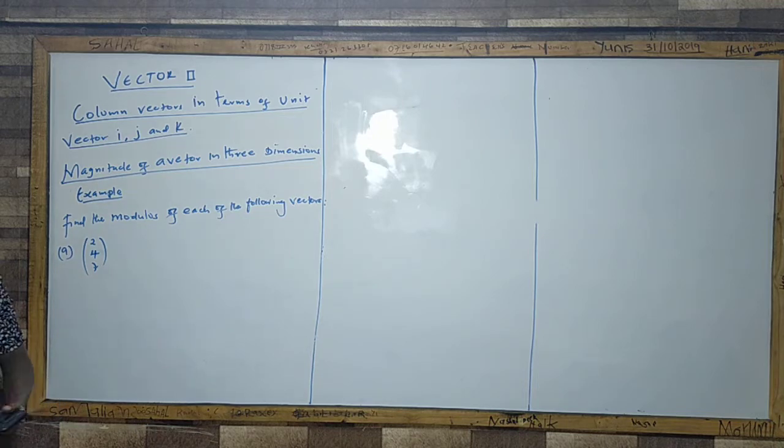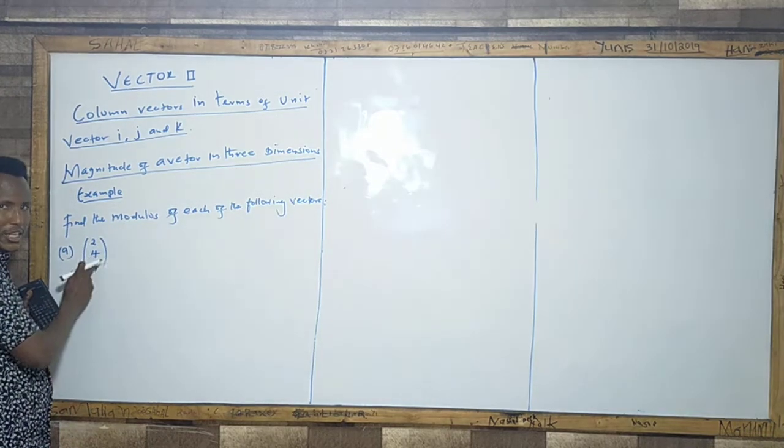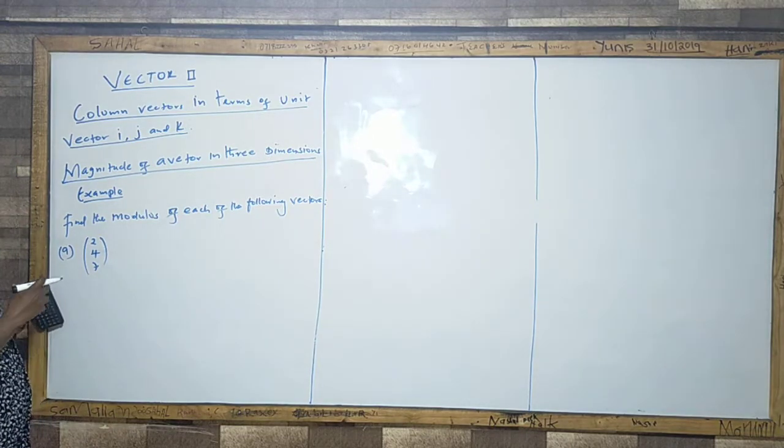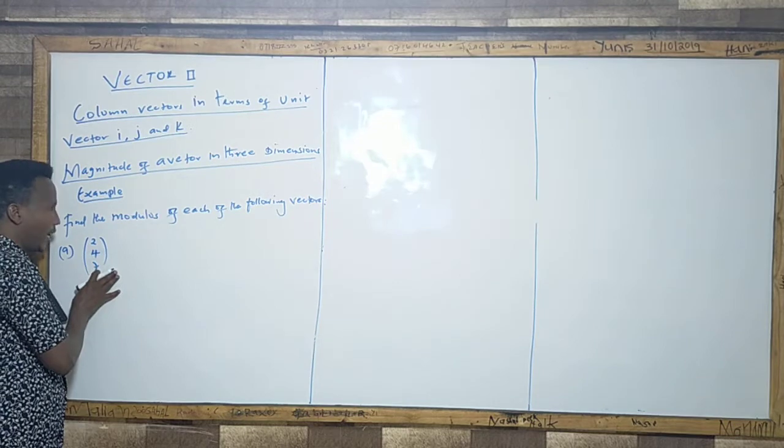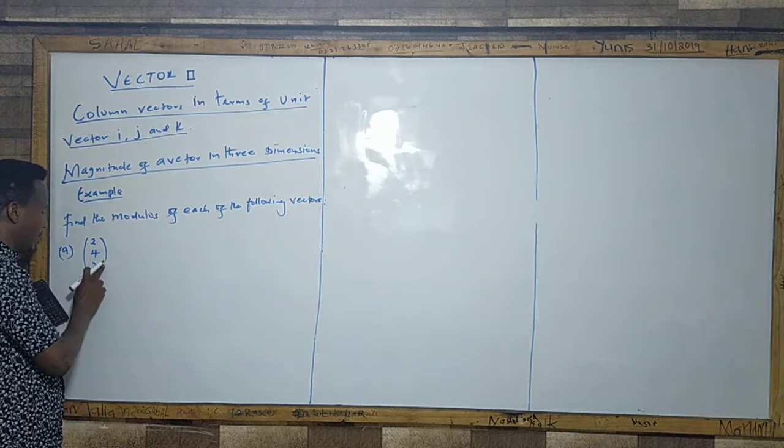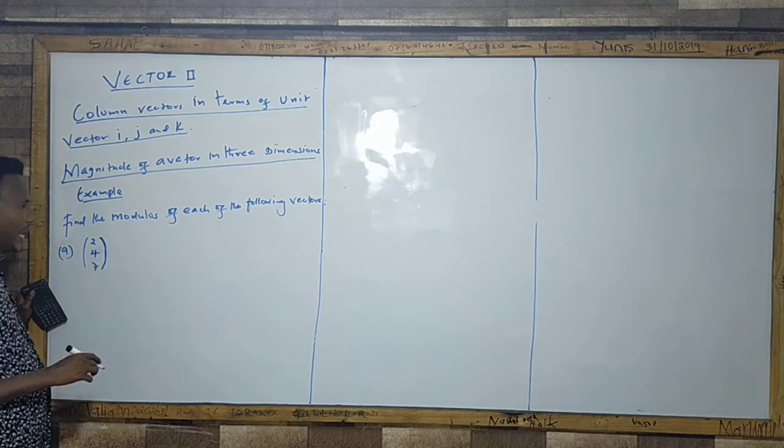Remember, we are talking about the IJK vector. I can still give you a new formula so you don't suffer. This is the I, this is the J, and this is the K. Let's assume now this is a vector of form 3 IJK.